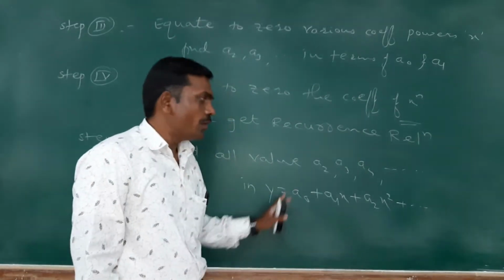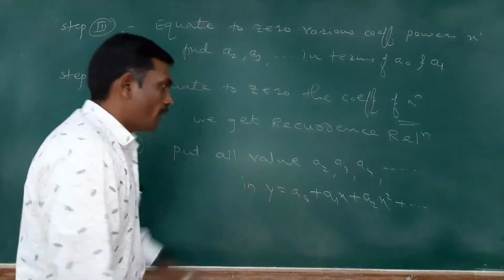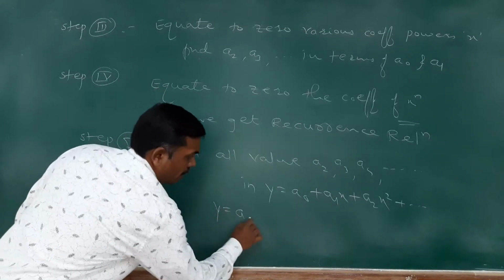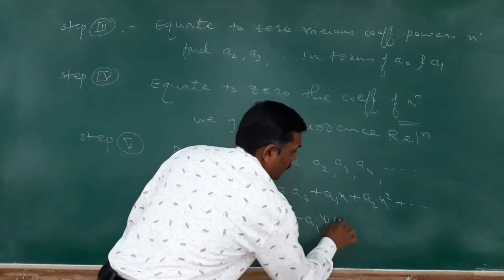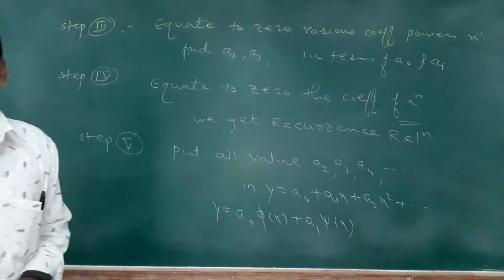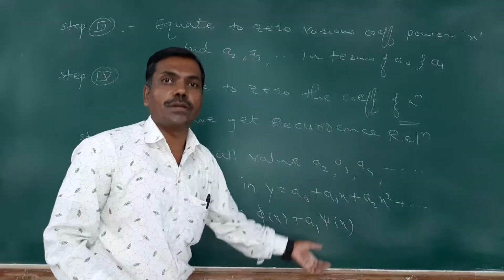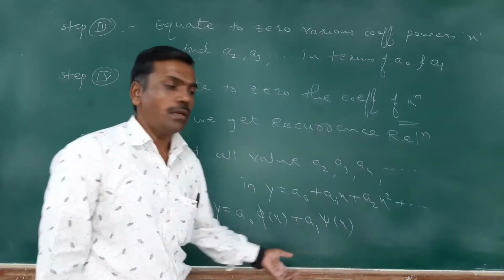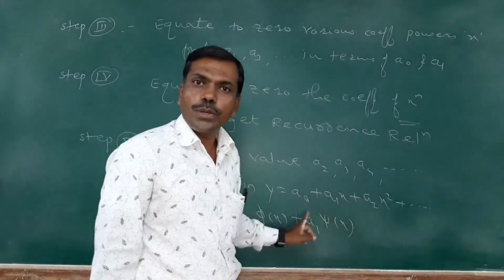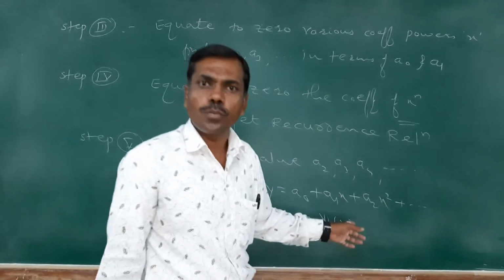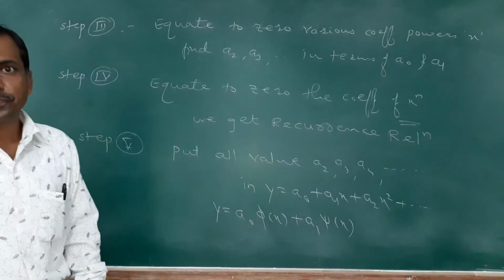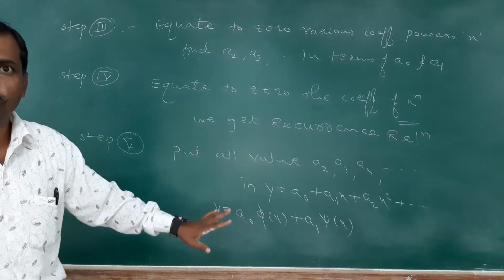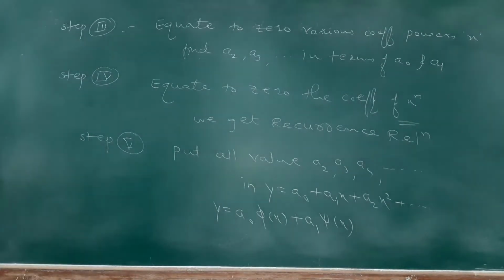In this equation, put all these values so that we get our final answer A0 phi of x plus A1 psi of x, where phi of x and psi of x are power series of x, right? Because A2 we can write in terms of A0, A3 we may write in terms of A1, so we can take A0 common, A1 common, and we will complete our answer. Okay? We will take one example to understand this concept.